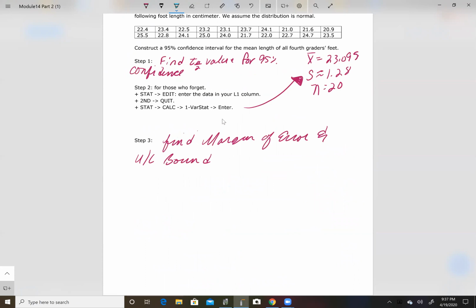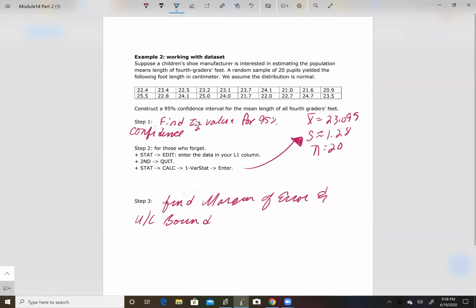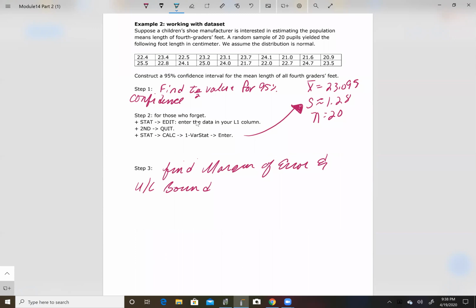And this is the same thing, except we're going to have to find X bar, S, and N by putting these 20 pieces of data into your calculator.